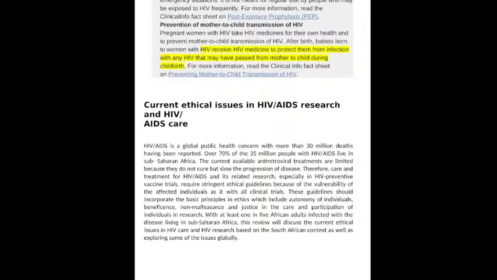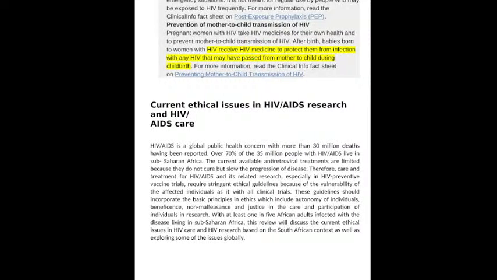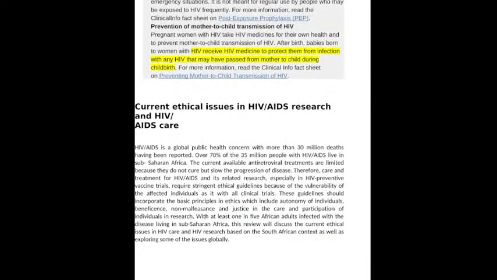Now, the last topic for this unit is the ethical issues in HIV research and HIV care. The first thing you need to know is what are ethical issues.